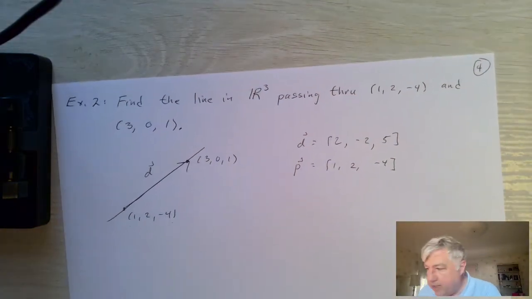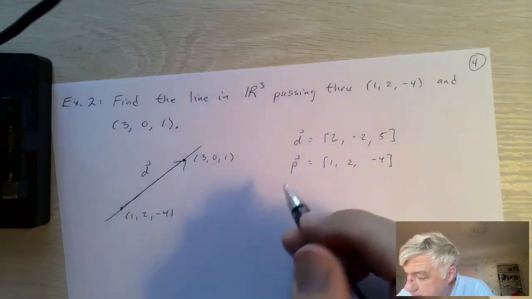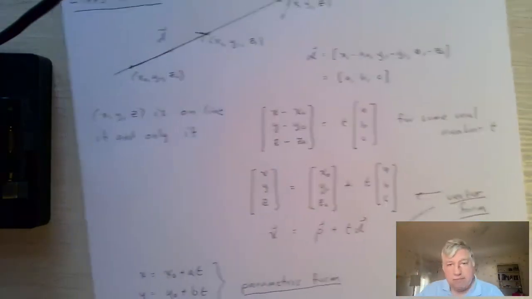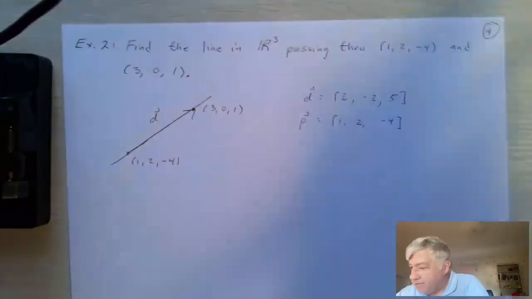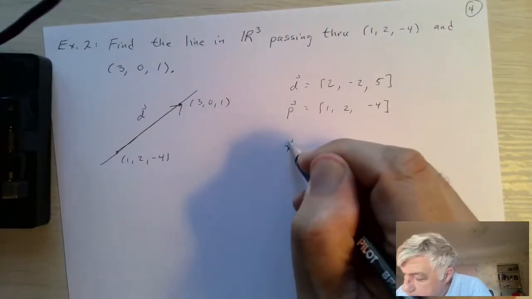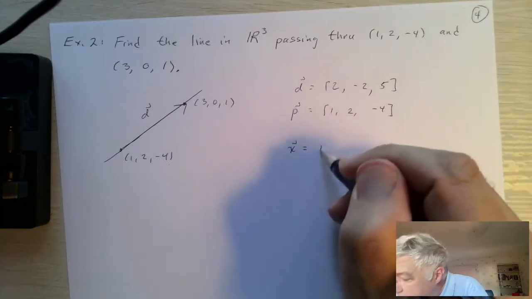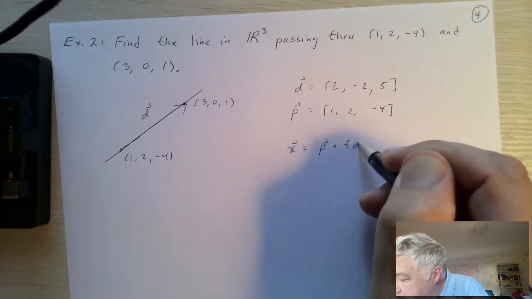Okay, and so we get that, using this form here, x is equal to P plus tD.